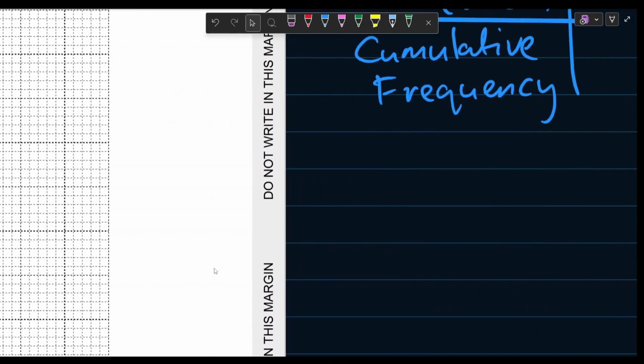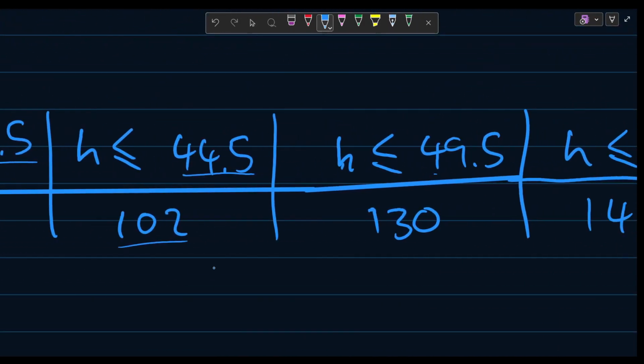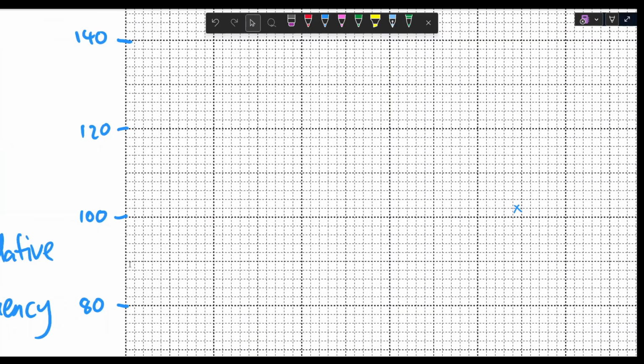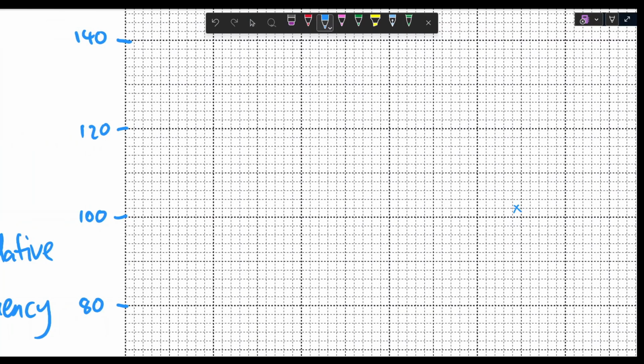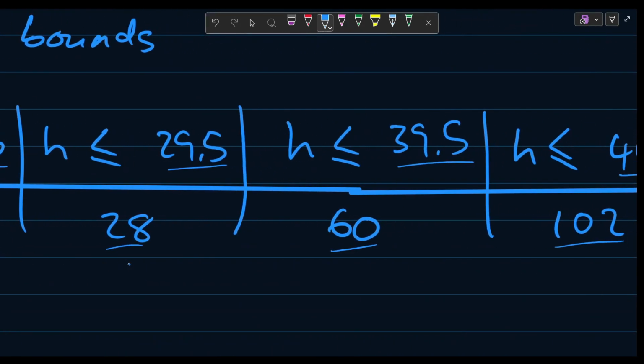And then what's the next point? Got 49.5, 130. Okay. So 49.5 is going to be somewhere here, and we want 130. So right there.